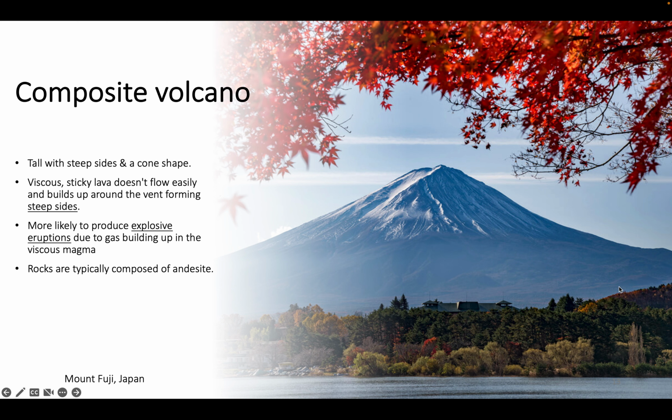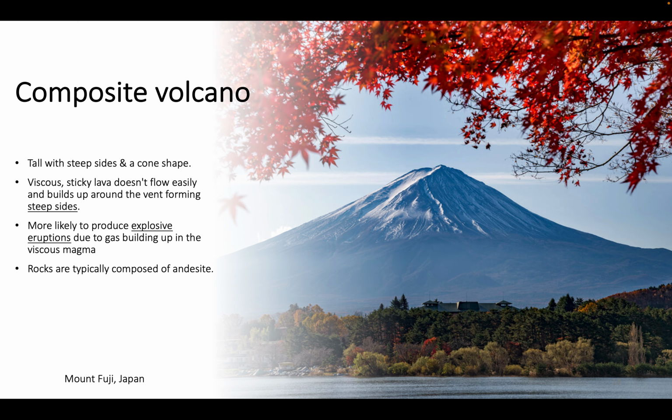What gives it this shape is the fact that the lava is viscous, it's sticky, it doesn't flow easily, and it instead builds up around the vent, forming steep sides. You're more likely to produce explosive eruptions due to gas building up in the viscous magma. And rocks are typically composed of andesite.